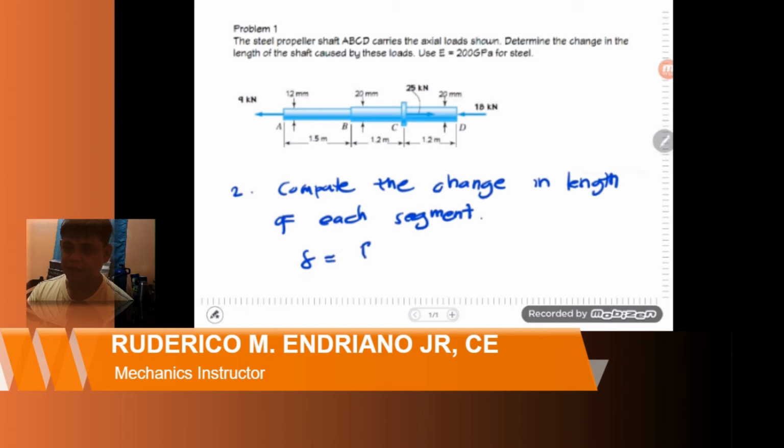The formula is the change in length delta is equal to P, the force, times the length L, divided by the cross-sectional area A and the modulus of elasticity E. If we're going to use this formula, we need to be consistent with the units. For the deformation, we have millimeters. For P, we have Newton. For L, we have millimeters, area in square millimeters, and for E, we have Newton per square millimeter.